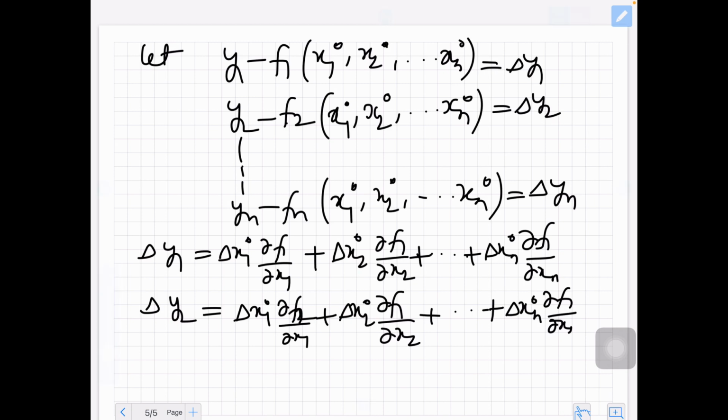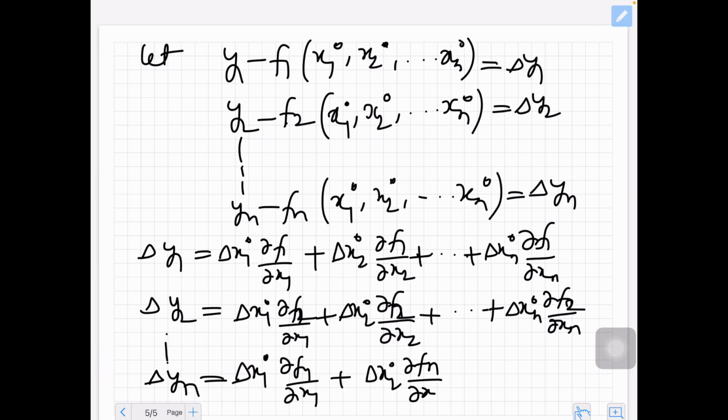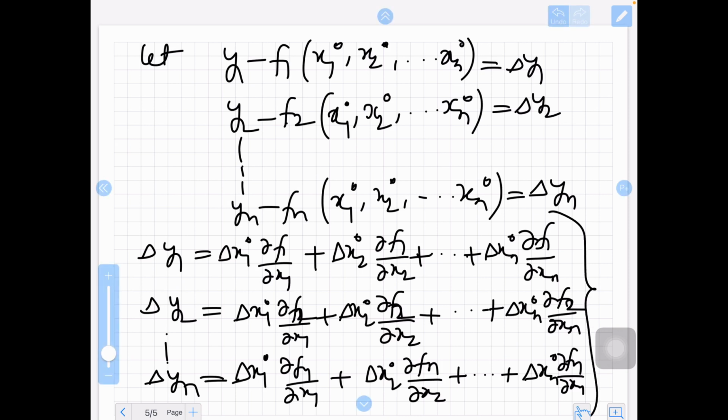Here for the second equation you will get f2. Similarly we can write till the end, that is delta yn is equal to delta x1 naught dou fn by dou x1, plus delta x2 naught dou fn by dou x2, plus etc., plus delta xn naught dou fn by dou xn. So this set of equations, let us call it equation number 5.